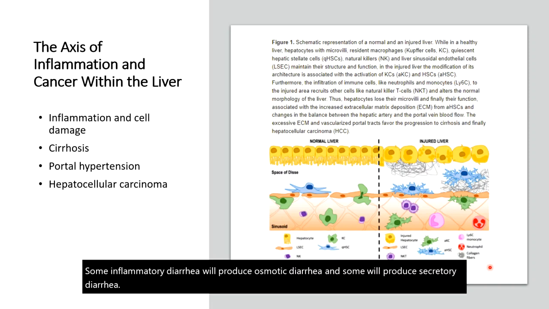Every time that we have cirrhosis, the immediate consequence is portal hypertension, and after cirrhosis and portal hypertension, we are prone and at high risk of forming a hepatocellular carcinoma of the liver. That's why alcohol can cause cancer, liver cancer.